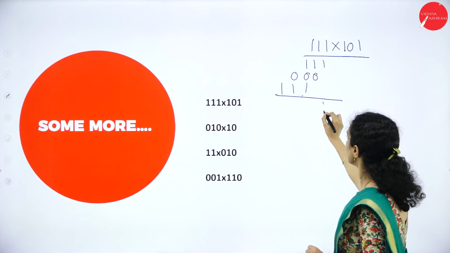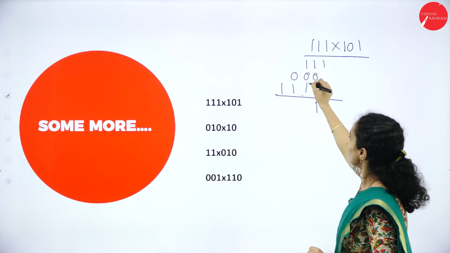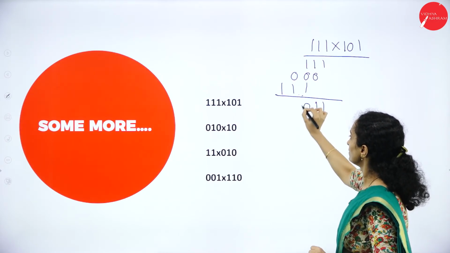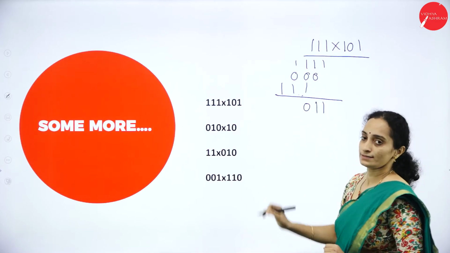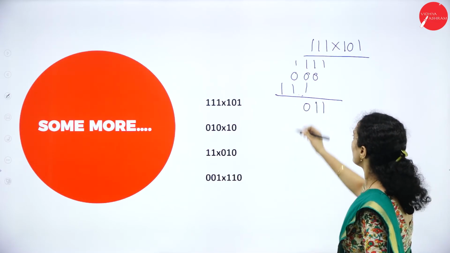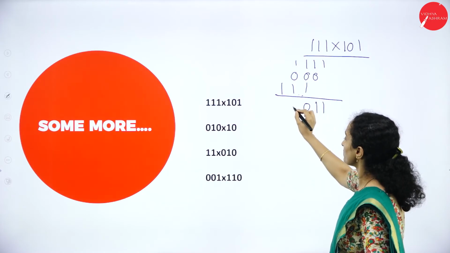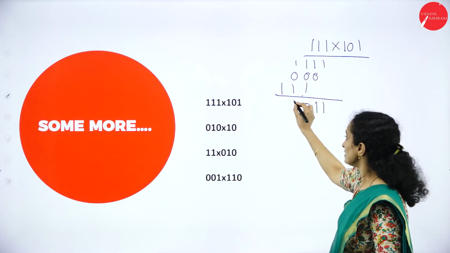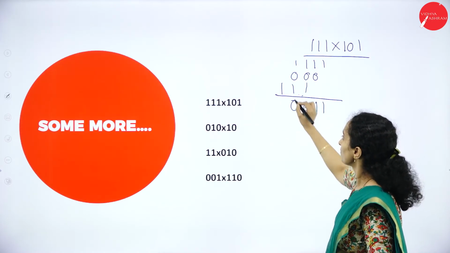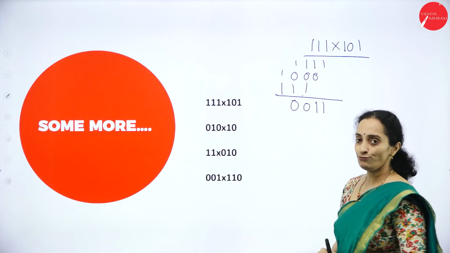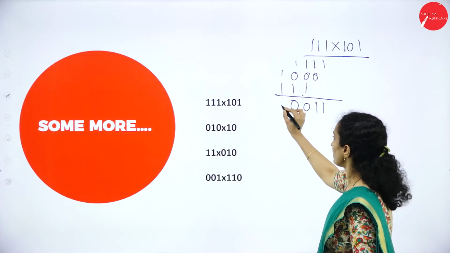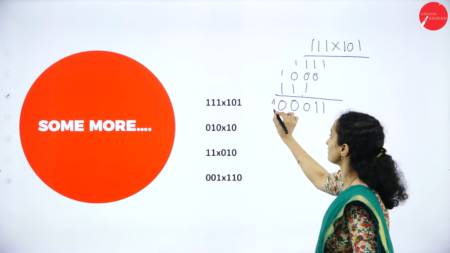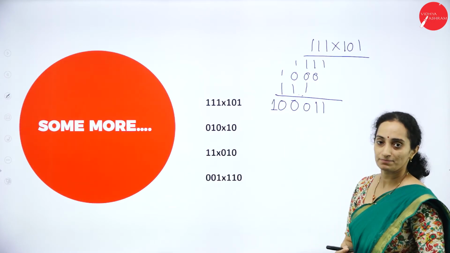1 1 1, 1 1 0, the 0 will be here with a carry of 1. Now, 1 plus 0 plus 1 again results in 1, 0, 0 again with a carry of 1. 1 plus 1, 0 again with a carry of 1.